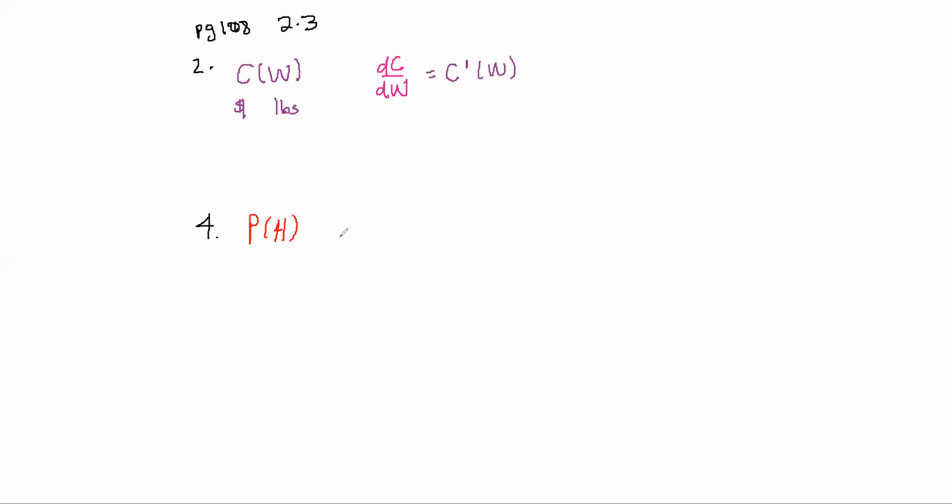We don't know the function, so we can't actually say that, but we do know that pay is dependent on hours. So we're just going to say this is the derivative of pay with respect to hours, and this is going to be P prime of H.